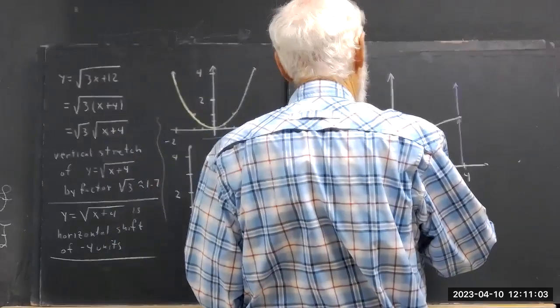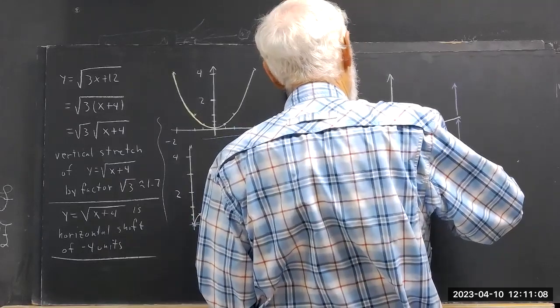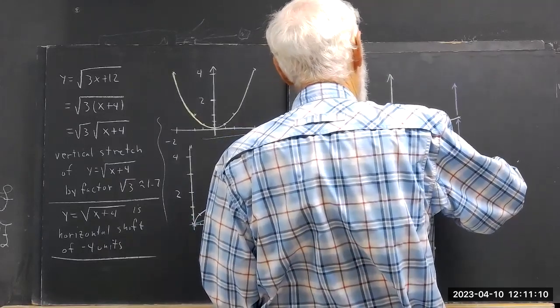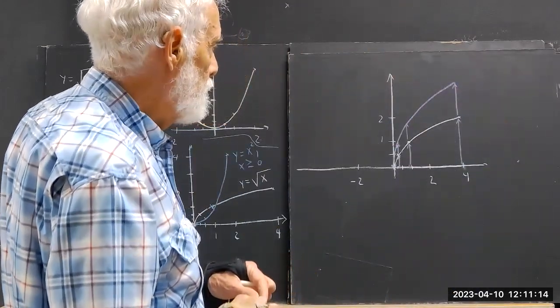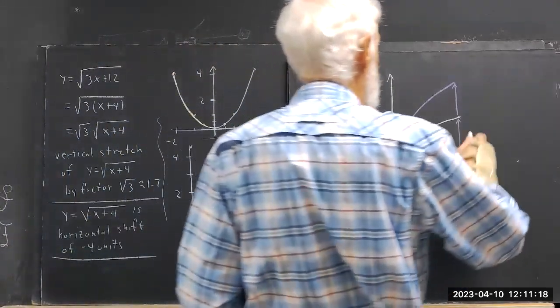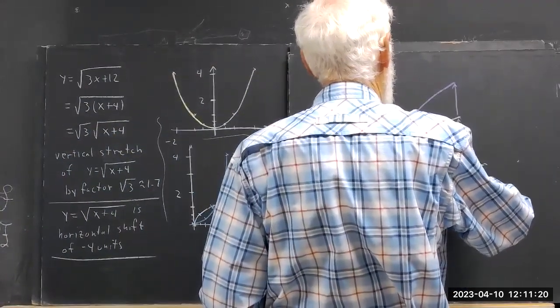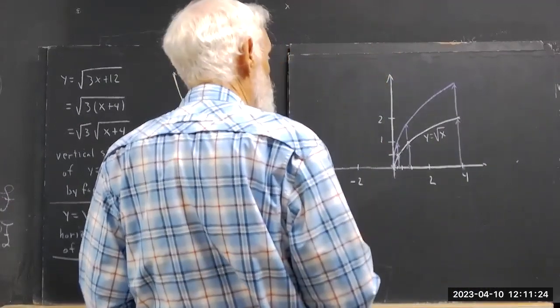And of course, 0 doesn't go anywhere, y equals 0. Okay, so what we have is y equals the square root of x.